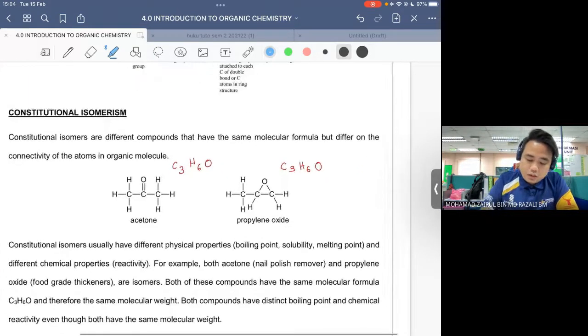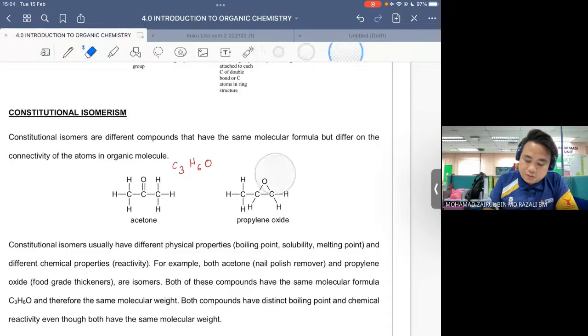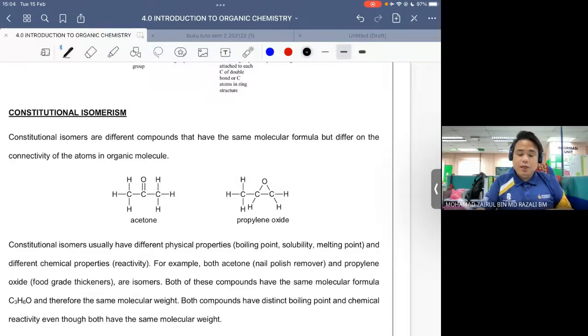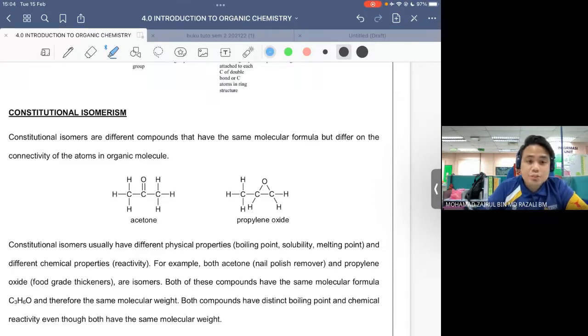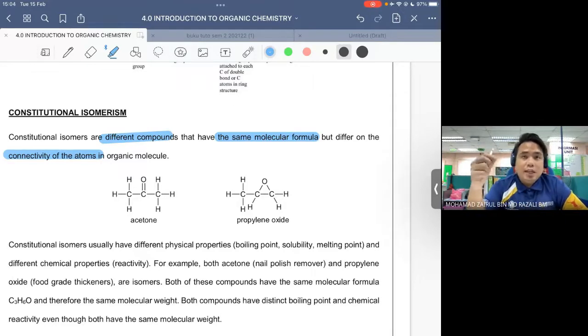Okay, so kalau kita tengok the definition of structural isomer, ataupun nama lain dia adalah constitutional isomer. So constitutional isomers are different compounds having the same molecular formula, but they differ in terms of the connectivity of the atoms in the organic molecule. So maknanya molecular formula sama, tapi macam mana kita bondkan setiap elemen dalam organic compound itu yang berbeza.